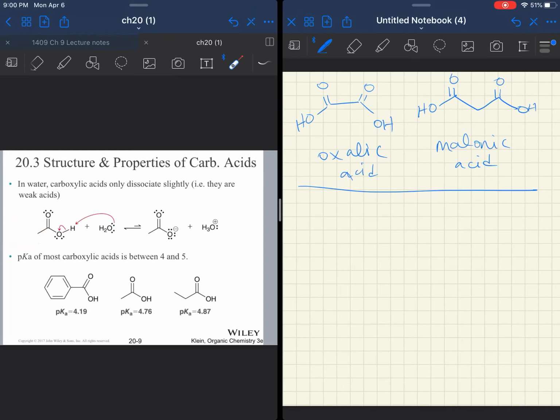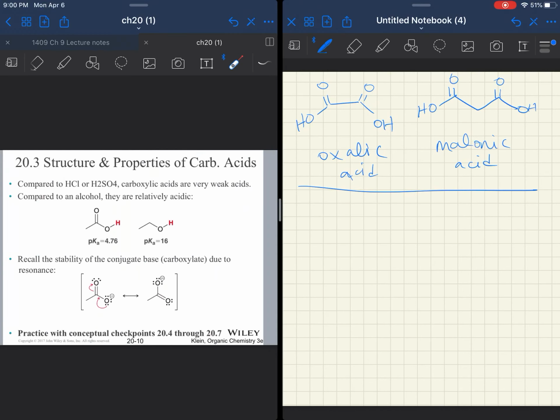The equilibrium arrow lies towards the starting materials. Now, what's attached to the carboxylic acid can affect the pKa. We've studied that already. I'm not going to ask you to predict pKa's here or predict ordering of strengths of acids. What you should know, though, is that it is considerably more acidic than an alcohol. And when you remove that hydrogen, in both cases, you get a negative charge on the oxygen.